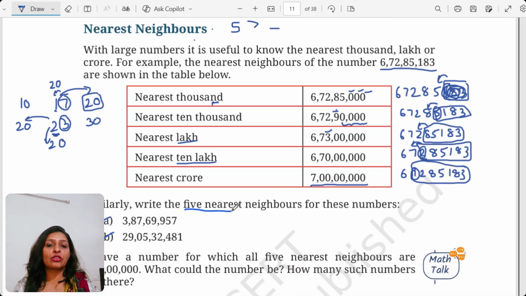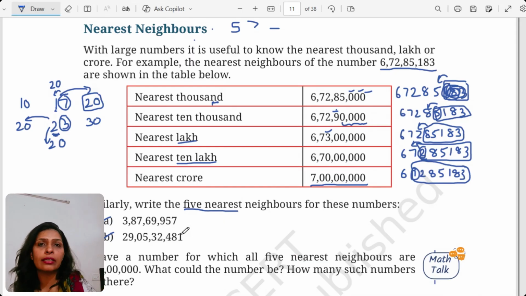Five nearest neighbors. What does that mean? Like to the nearest thousand, nearest 10,000, nearest lakhs, nearest 10 lakhs, or nearest crores. In fact, you can try for nearest tens also. That's completely fine. It's your choice which nearest number you want to pick. You can even go beyond that, to the nearest 10 crores, if that number is a bigger number.